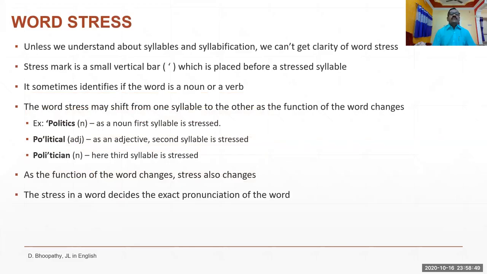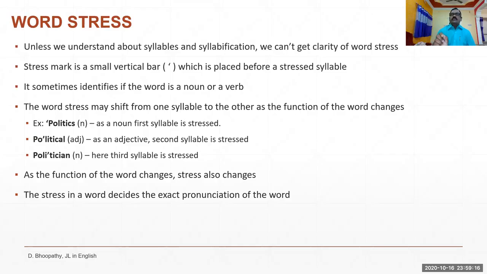Now let us come to word stress. Unless we understand syllables and syllabification, we can't get perfect clarity of word stress, and we can't do stress marking. What is a stress mark? It is a small vertical bar placed before a stressed syllable.